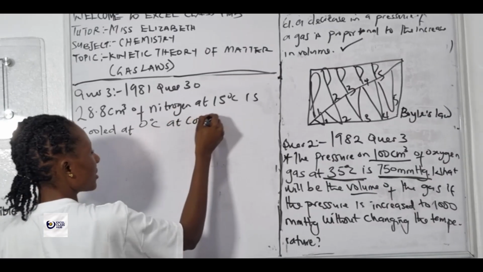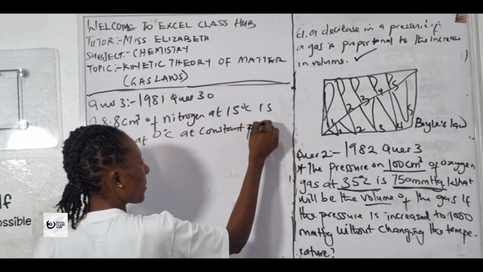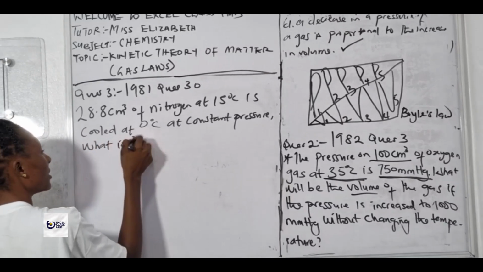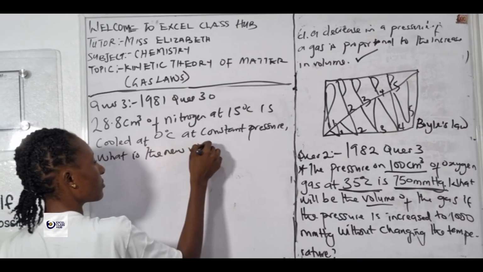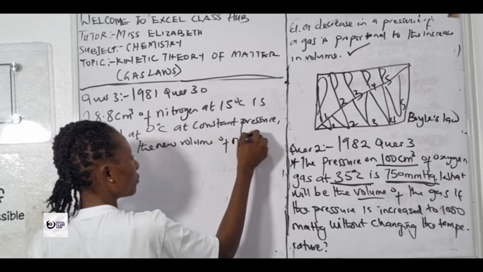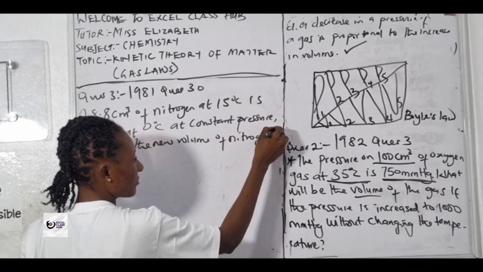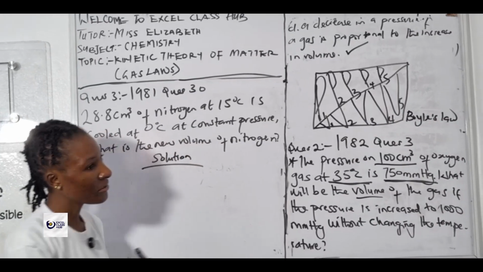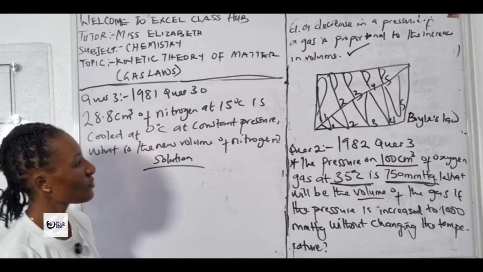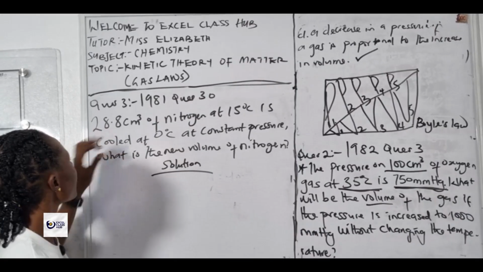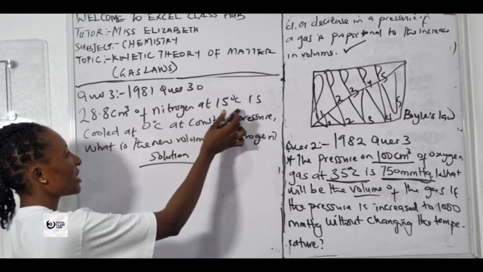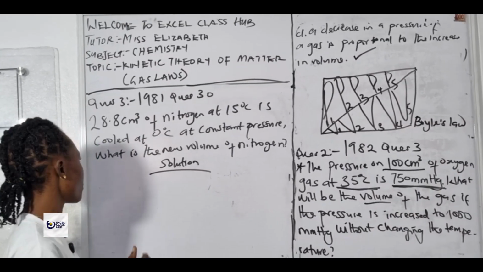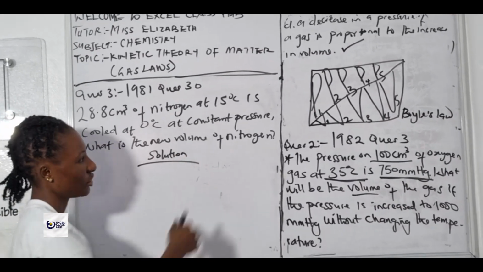What is the new volume of nitrogen? Solution. You can feel free to pause the video and give it a trial. To proceed with the question, 28.8 centimeter cube of nitrogen at 15 degrees Celsius is cooled to 0 degrees Celsius at constant pressure. What is the new volume of nitrogen?